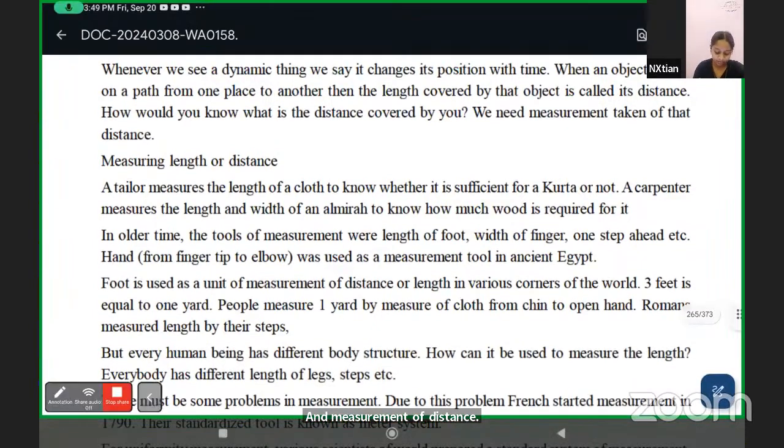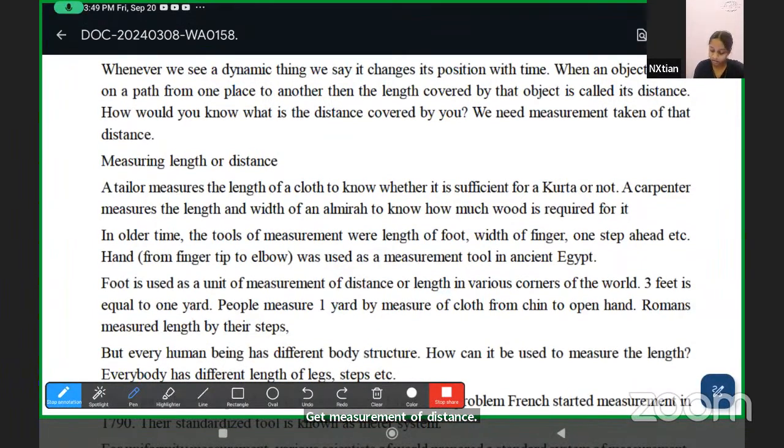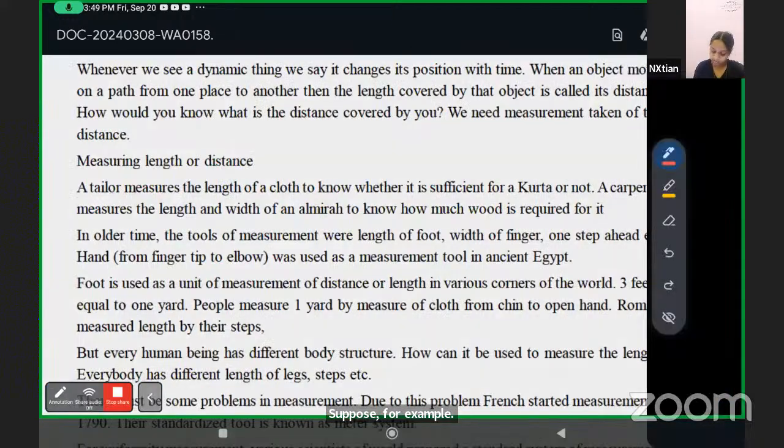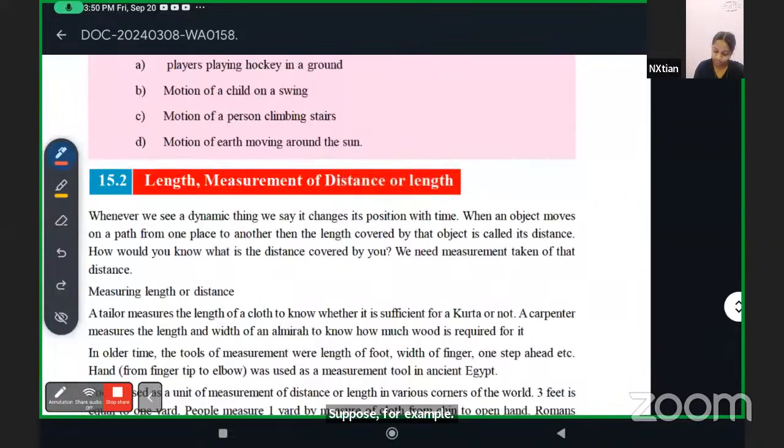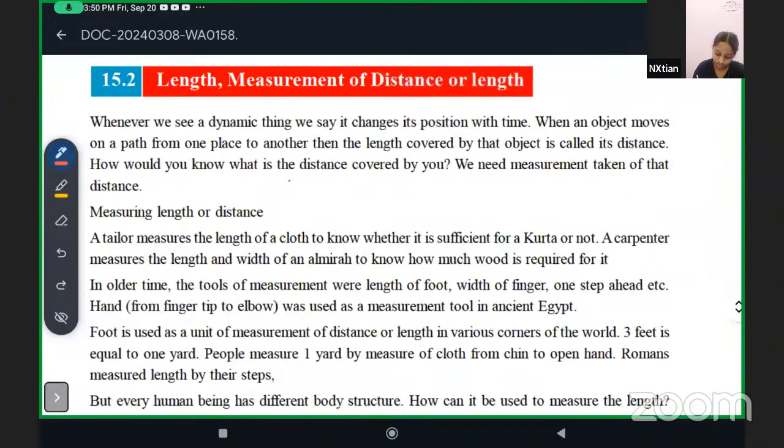Now suppose, for example, this is a person. This person moved here, went on the road, and reached here.